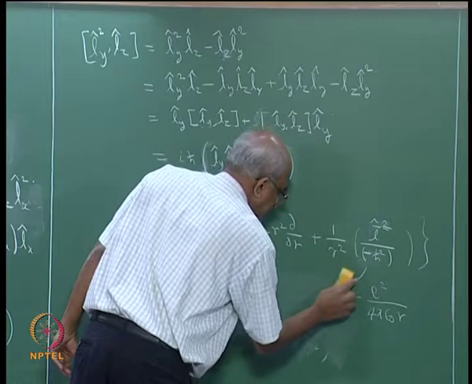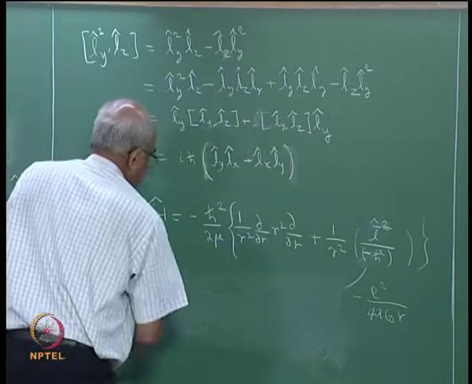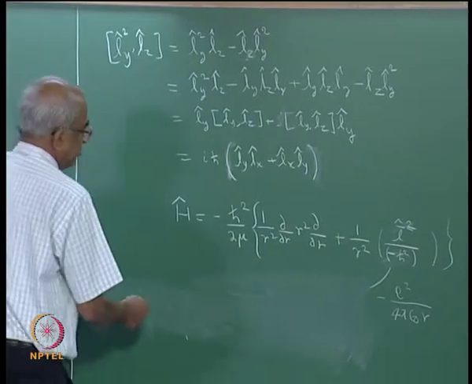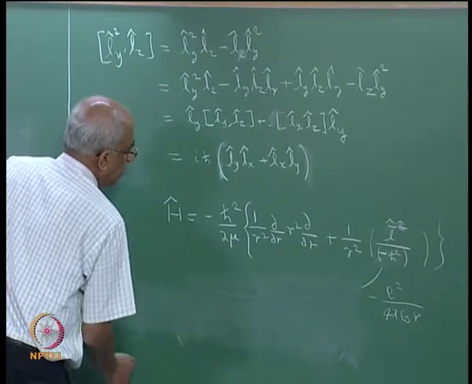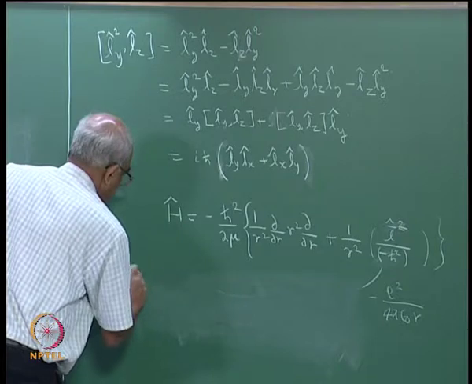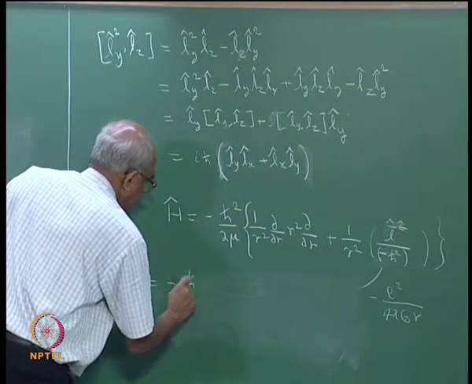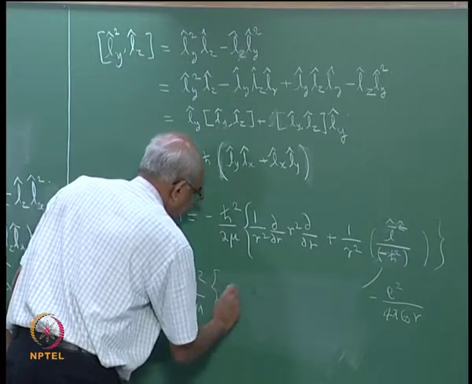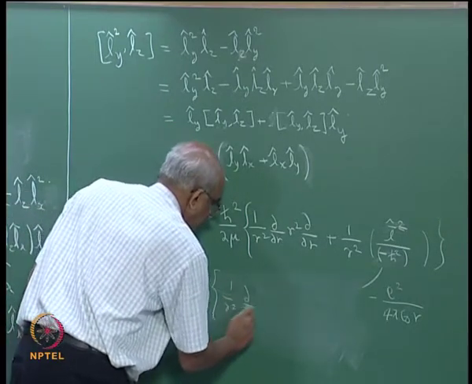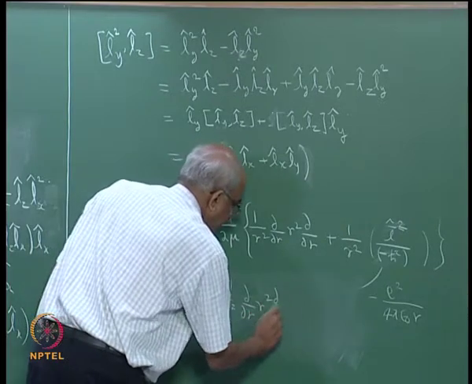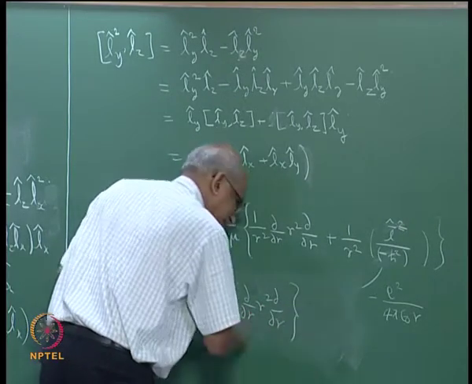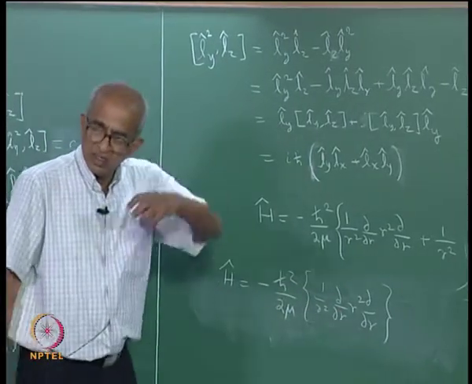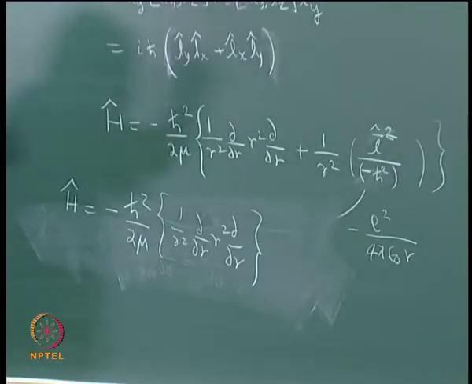Maybe I will write it once more. What it tells me is that the Hamiltonian is equal to minus ħ square by 2 mu, 1 by r square dou by dou r, r square dou by dou r, that is the kinetic energy term. Actually, if you remember, it is the kinetic energy due to radial motion, something that I have mentioned long ago.